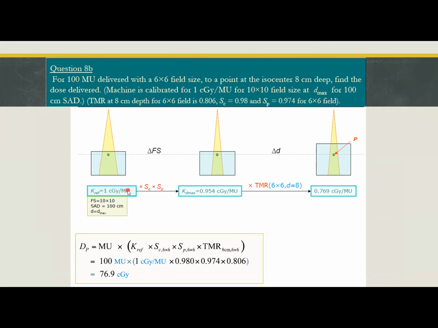So the field size factors are incorporated. The dose will be this because it was given. If it is not given, then you can directly incorporate the TMR. There is no need to solve for the Sc and Sp. But if the question gives you the values of Sc and Sp, then of course you have to incorporate them into the dose output factor.